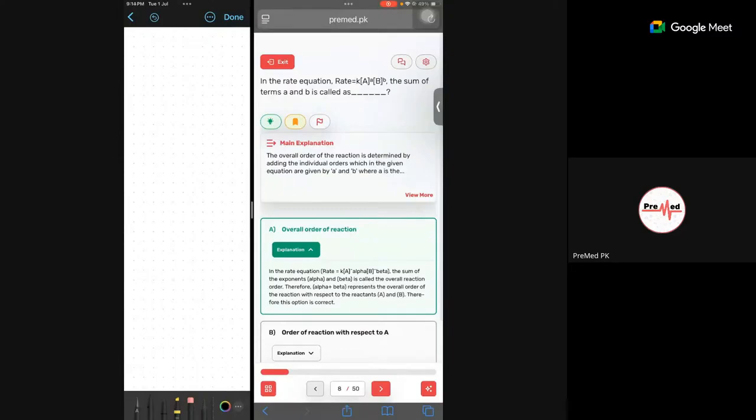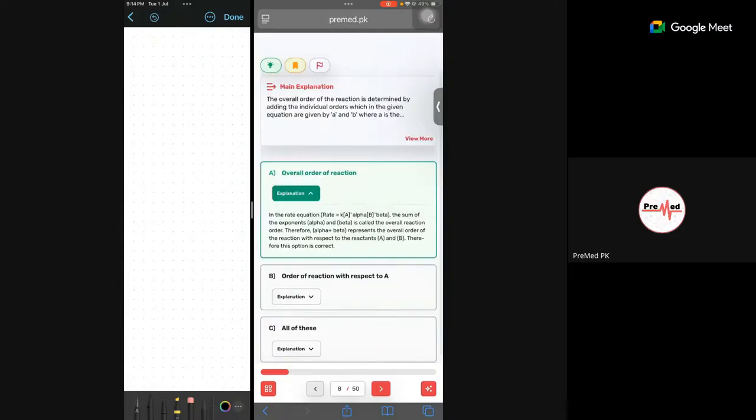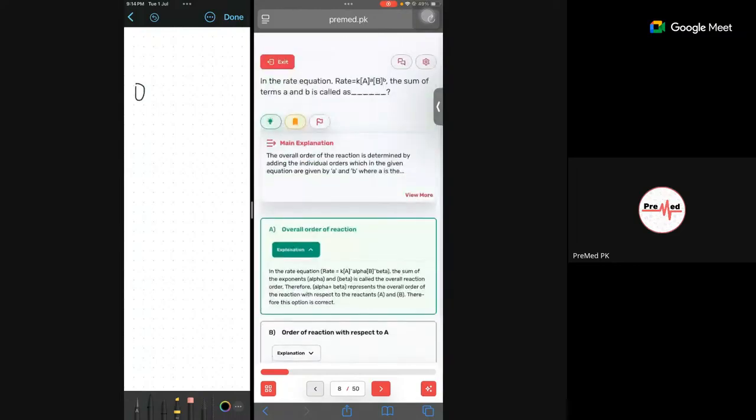In the rate equation, it is being asked that the sum of terms A and B is called. Well, if we know the definition of order of reaction, because in all the MCQ answers it's asked the order of reaction, we know that order of reaction deals with the sum of the particular powers, which are the rate powers.